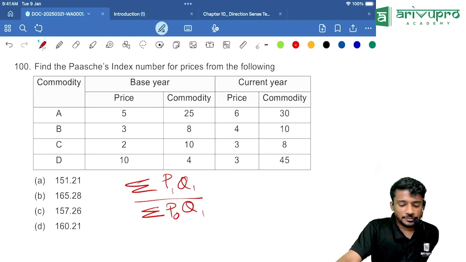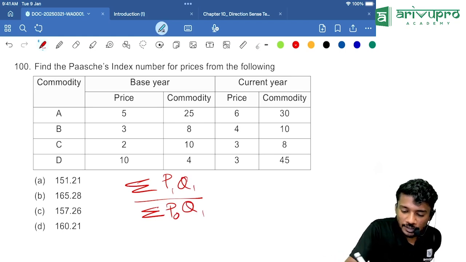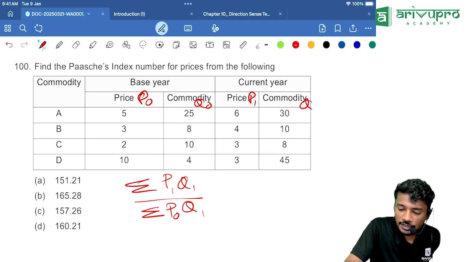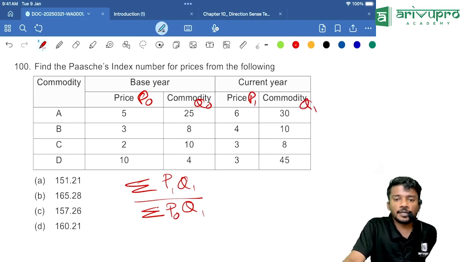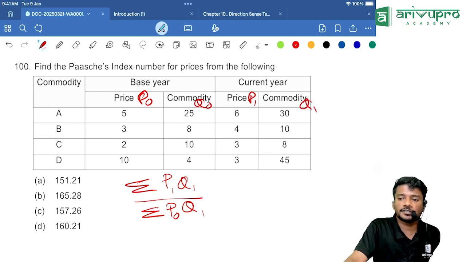Yes. So what is the base year? This is P0, this is Q0, this is P1, this is Q1. So take the product, add everything, divide it by the other. You will get the answer.